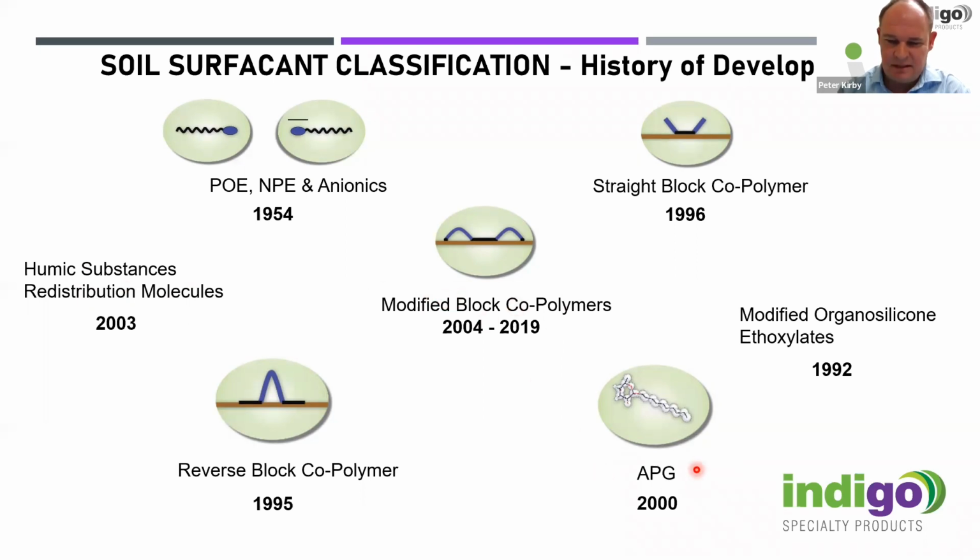And sorry, I missed alkyl polyglycosides in 2000, which I'll explain. So there's a whole evolution. We've still got some of the technology that's been around for quite some time, but we've got newer technology coming through at a regular period that improves what we're doing and improves our water processes within the soil environment.